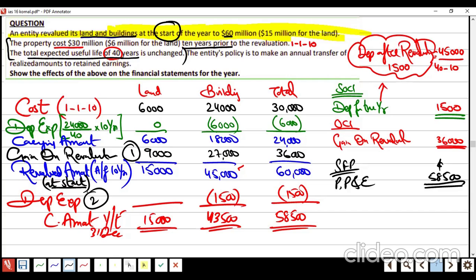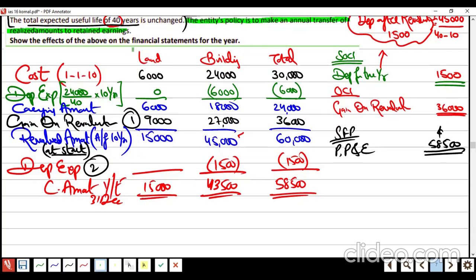Read the question and see there is a new thing mentioned which we never discussed till now. The entity's policy is to make annual transfer of realized amounts to retained earnings. This is the company's policy.